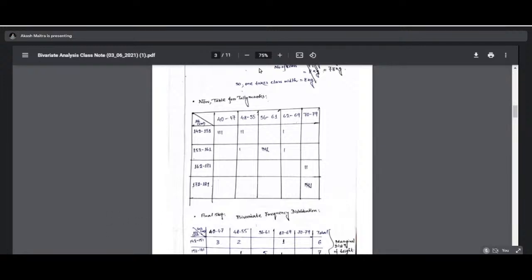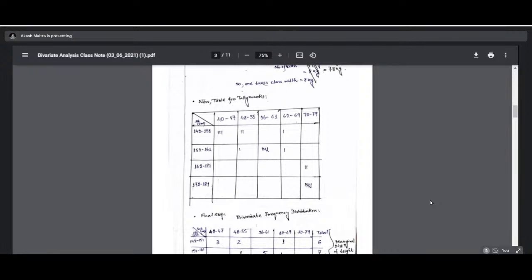Now from your previous experience, after collecting the tally marks, after getting the data, we will consider those things in numerical value. So here we have also done the same thing, height and weight. So it is a bivariate data table, that is bivariate frequency distribution. You have got that 142 to 151 height and 40 to 47 weight have 3 people there, and so on.